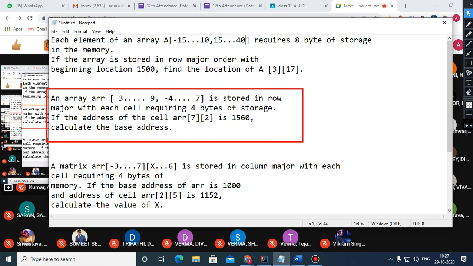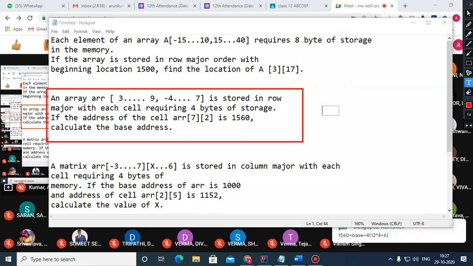So the equation becomes 1560 equals base address plus... You have to calculate. It is 4 bytes of storage, and here the total number of columns will be involved.